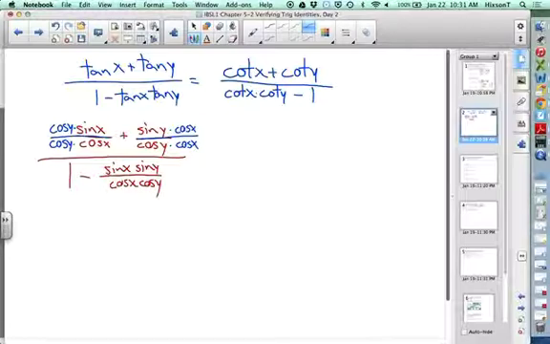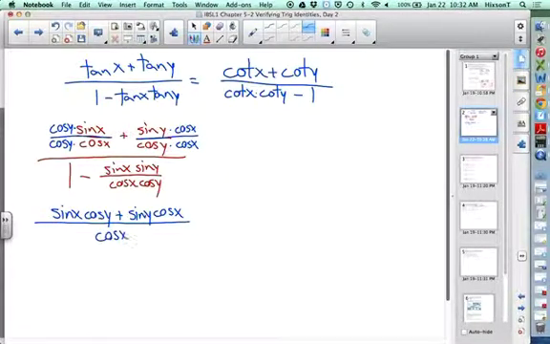I'm going to end up with sine x cosine y plus sine y cosine x all over cosine x times cosine y. Now that's just the numerator. The denominator, it's easy to get a common denominator with.